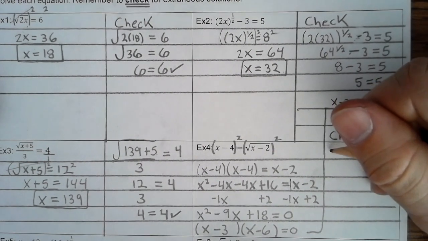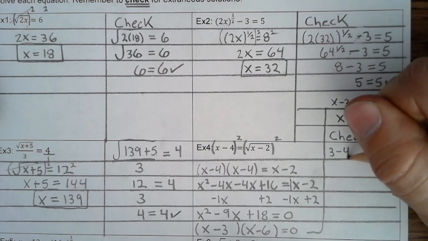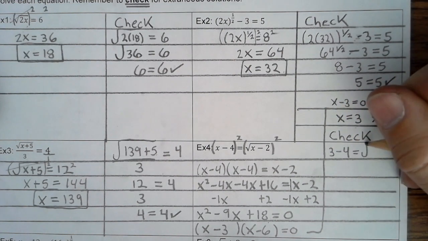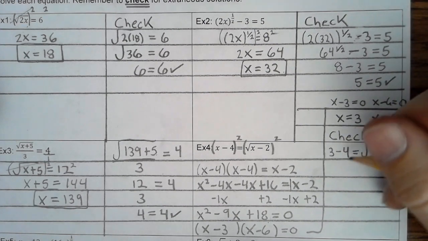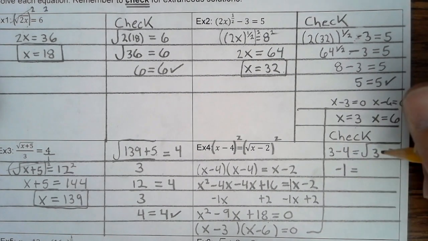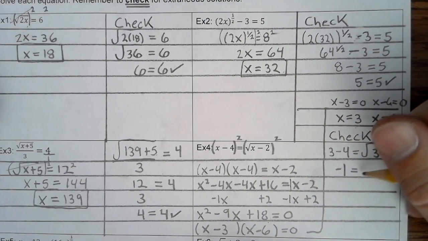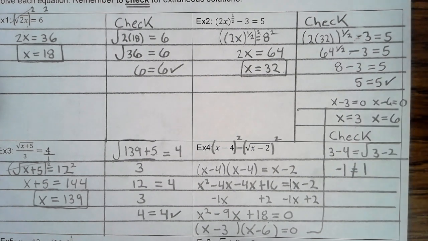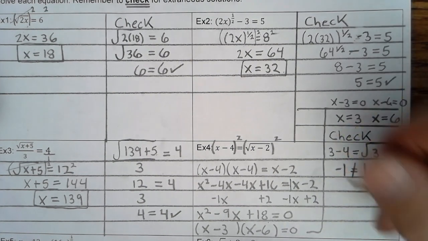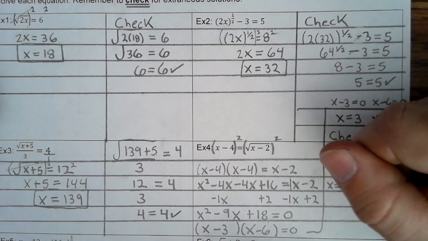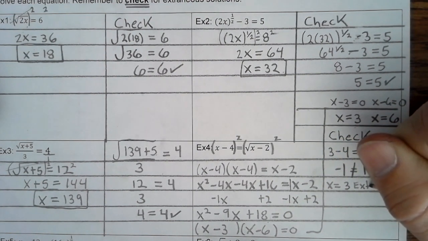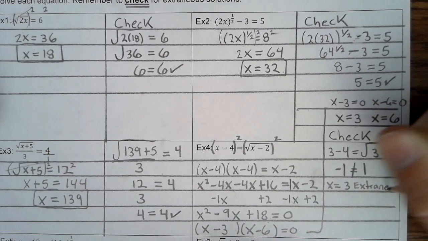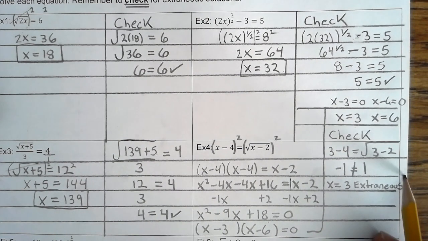So 3 minus 4 equals the square root of 3 minus 2. Well, 3 minus 4 is negative 1. 3 minus 2 is the square root of 1, which is 1. It's not true. So we would say that x equals 3 is an extraneous solution.